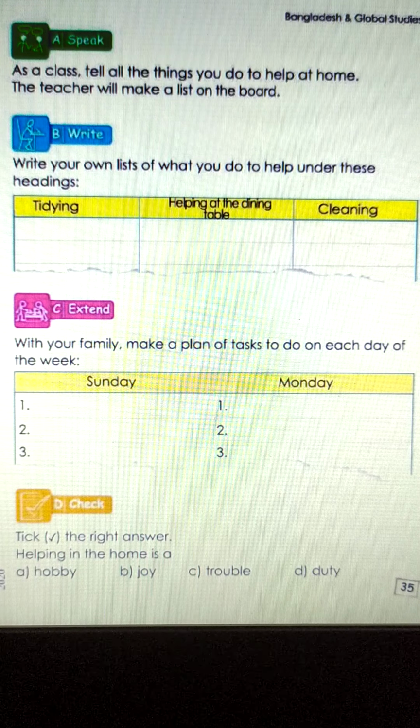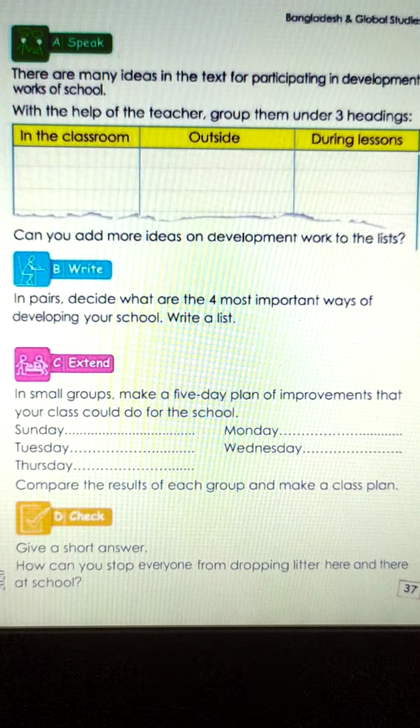Page number 37, exercise A. You're gonna do it in the book. And spellings from 1 to 10, you're gonna learn plus write in your homework copy. That means first you're gonna learn all the spellings and then write them in your homework copy.